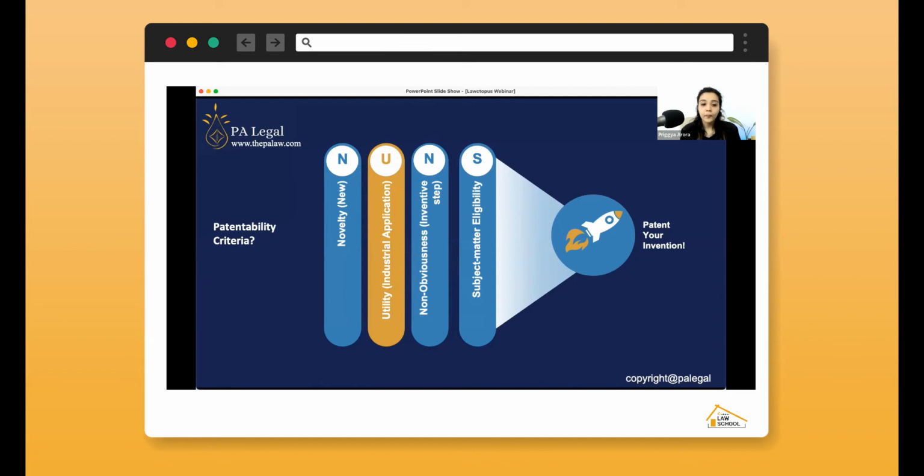a patent. To give you an idea, for an invention to be new, that invention should not exist anywhere in the world. For example, I have this stand which can hold a tablet or a mobile phone. If I have developed this, then this should not exist anywhere in the world. Now you will say there can be so many mobile holders existing anywhere in the world.